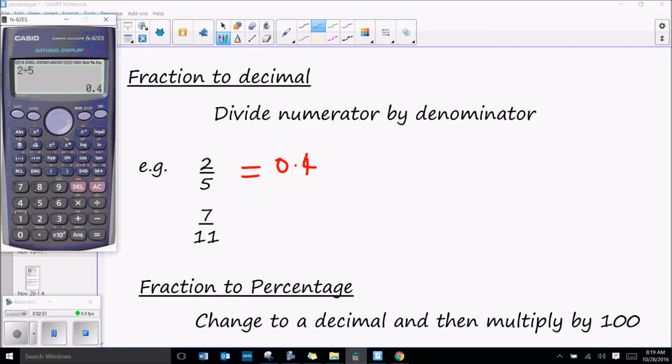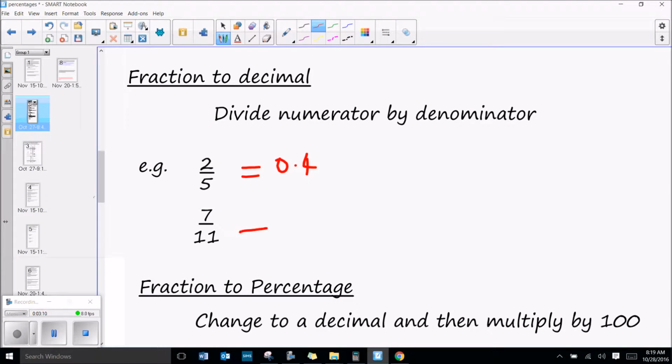And 7 divided by 11. Here we would round the value. If a question doesn't state rounding, always round to 3 significant figures. So this would become 0.636 to 3 significant figures.